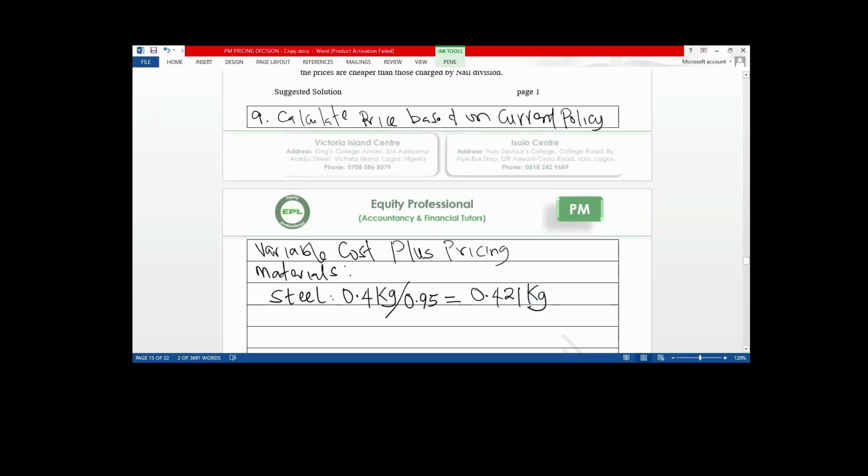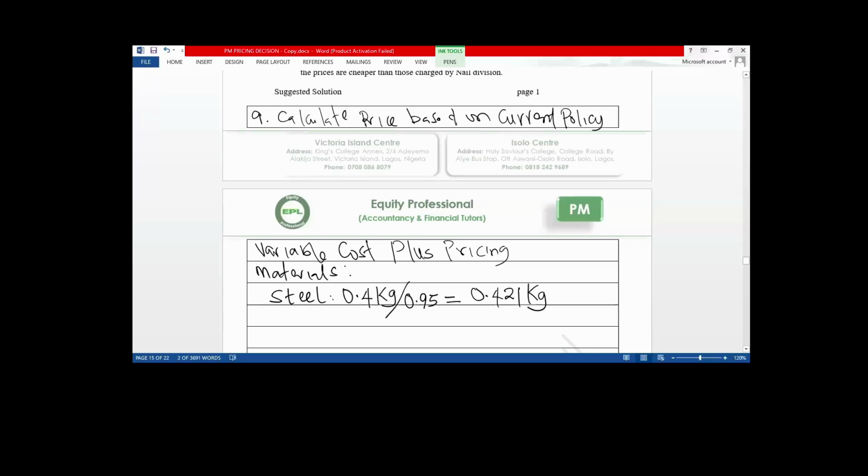This is the material the company will purchase. The company will make provision for process losses. We know that once we go into production, 5% will be bad. The balance will be used. You have gotten the total material for that kg.